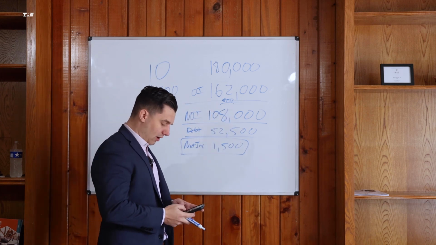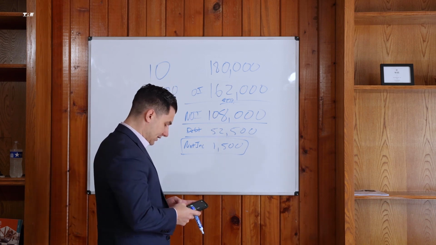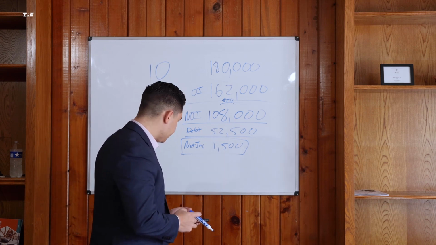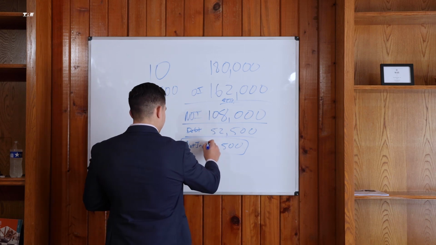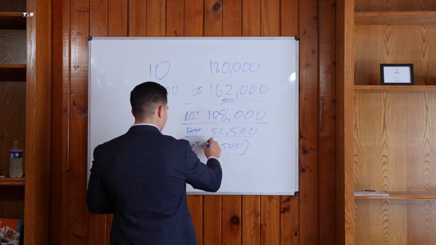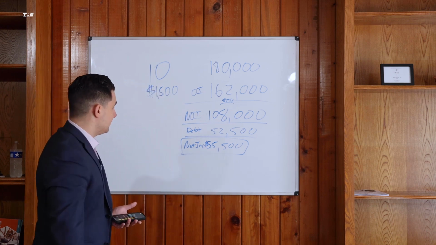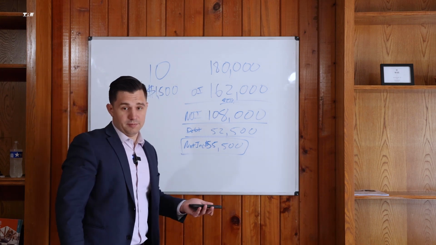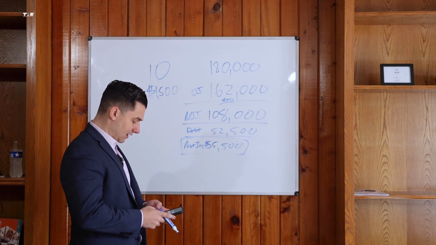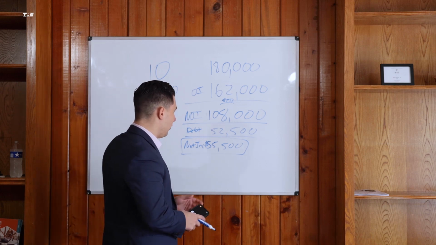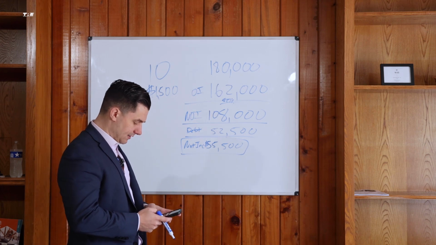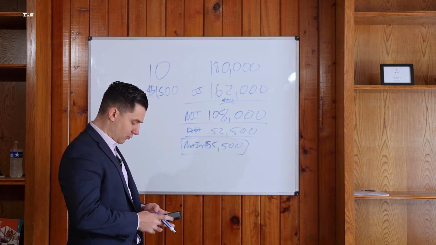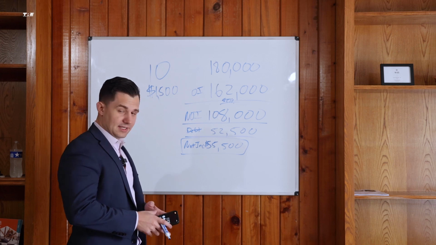So now we've got NOI of $108,000 minus our $52,500 gives us net income of $55,500 a year. And so we still purchased it for $1 million, and now we've got basically a 10.8% cap rate. Our $108,000 divided by 1 million gives us 10.8.